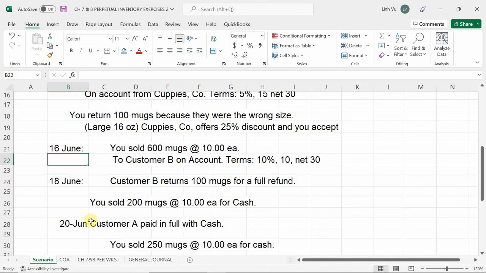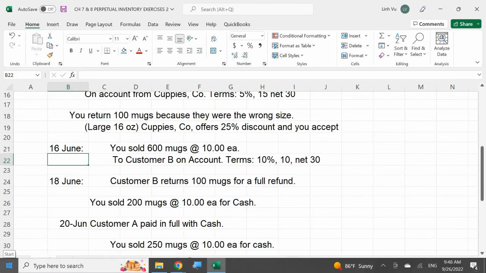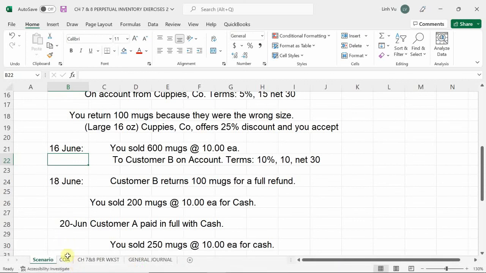So in this case, a couple days later, maybe customer B overbought, so decided to return a total of 100 mugs for a full refund.